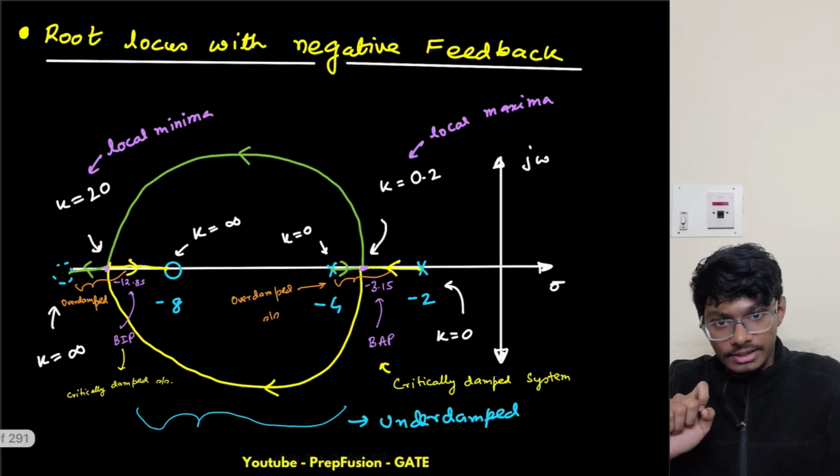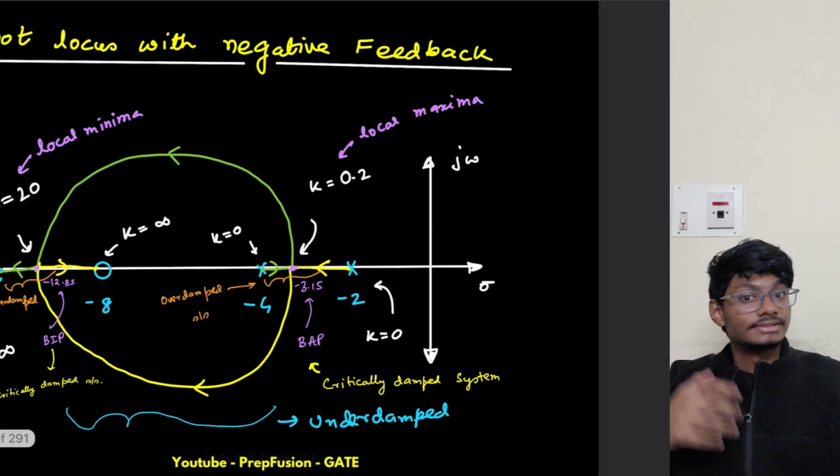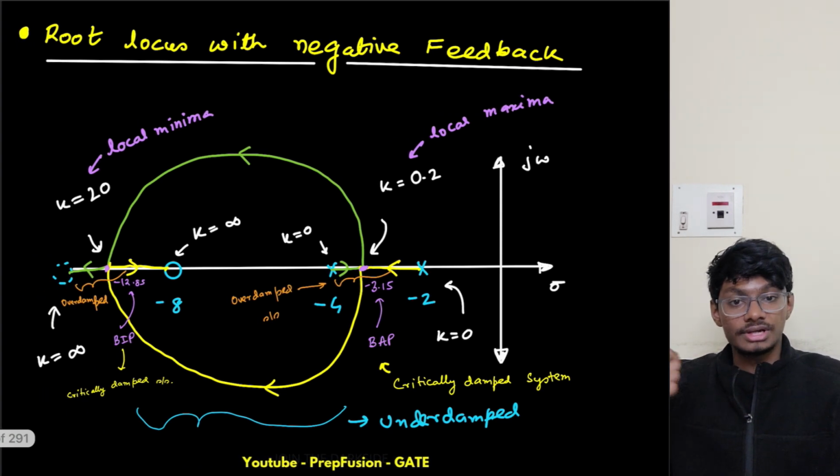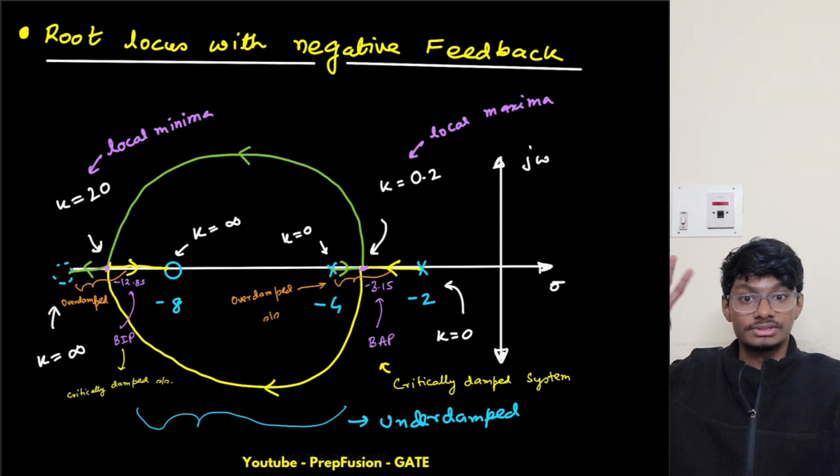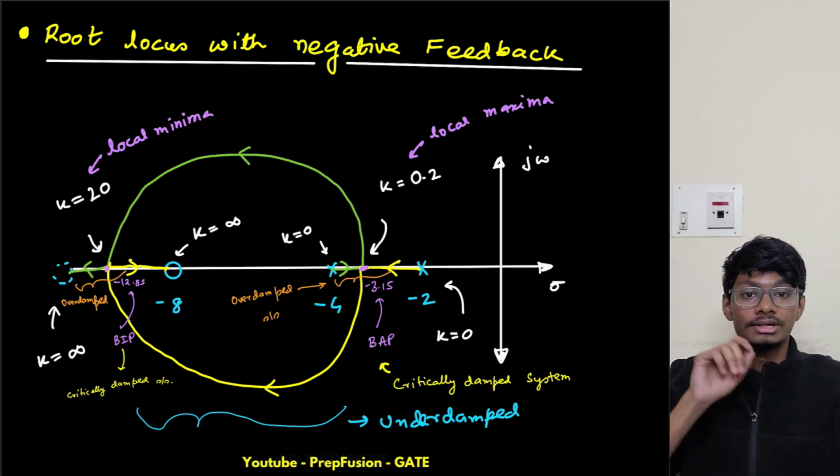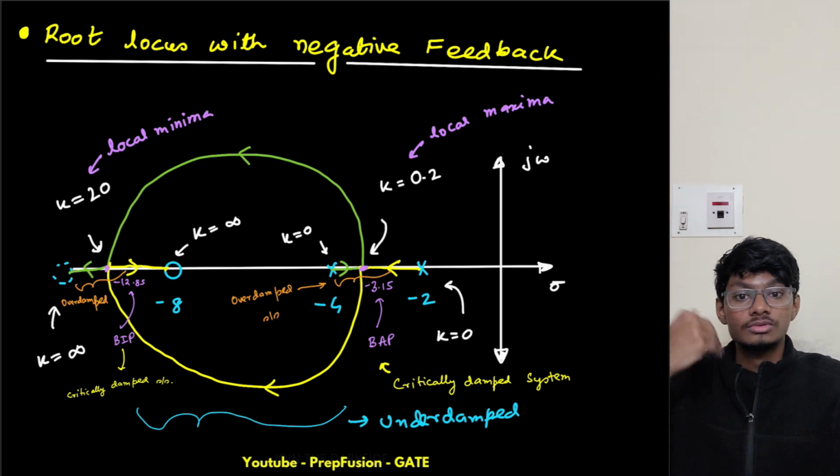So what does this mean? As I mentioned earlier in the first few chapters about the feedback part, positive feedback reduces stability.